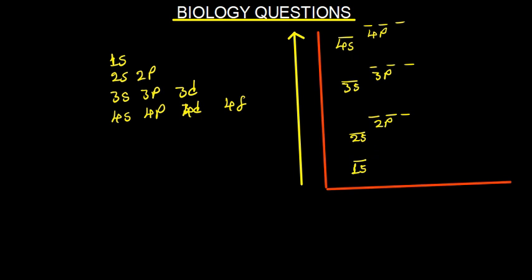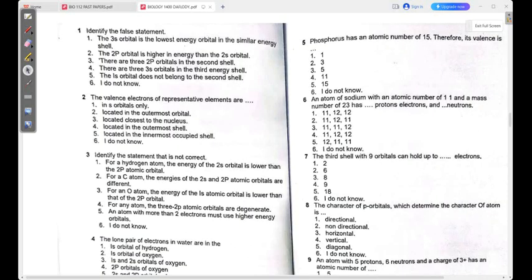That is what you should know. Wherever you see it, the s is slightly lower than the p. So the first statement is true: the 3s orbital is the lowest energy orbital in the similar energy shell, compared to the 3p and the like.